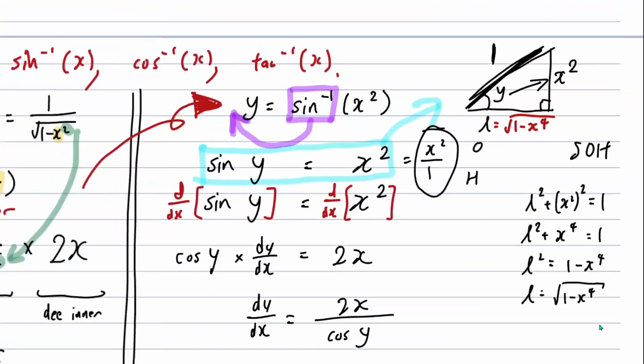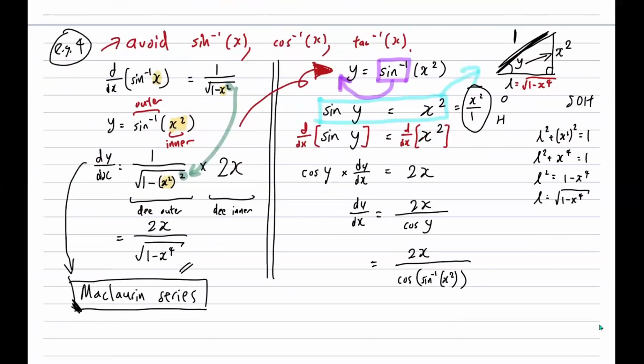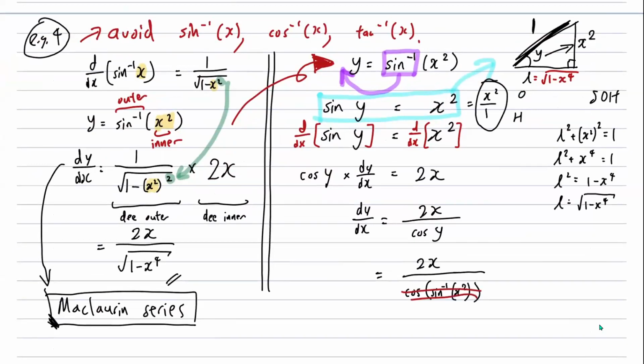Good. And from there, I can figure out what is cosine of y. Cosine y will be equal to adjacent over hypotenuse, square root 1 minus x power 4 over 1, which is just square root 1 minus x power 4.